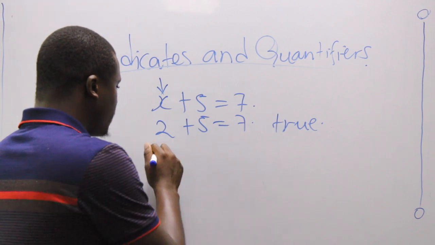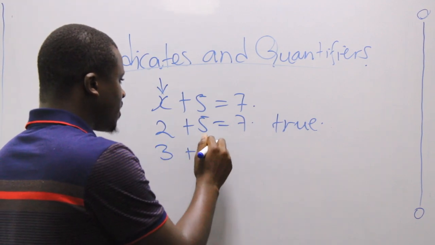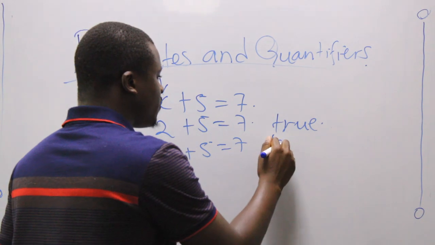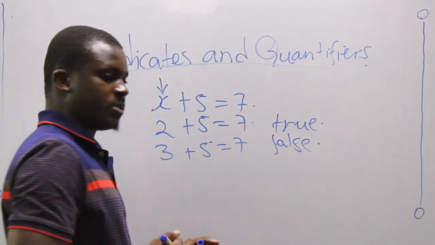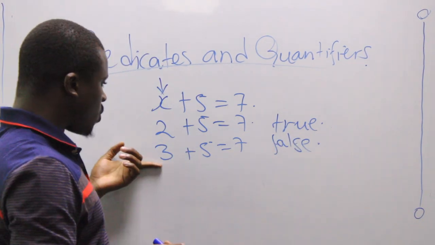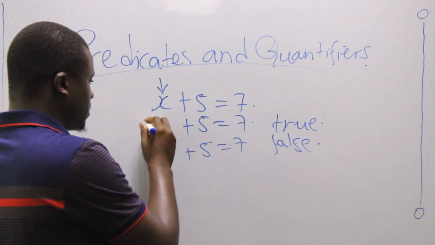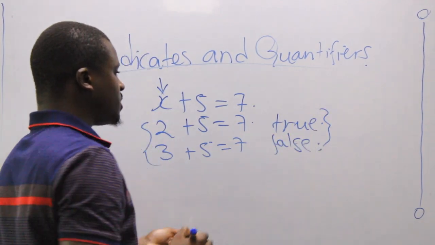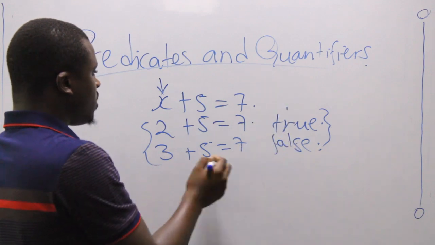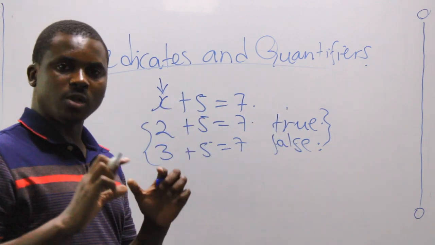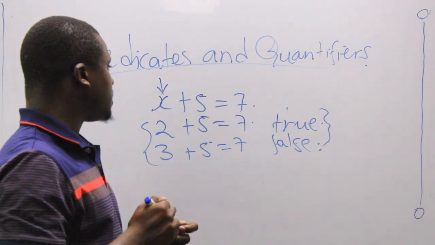We can also have a 3 here and say 3 plus 5 is equal to 7, and it will have a truth value of false, as you see here. So these ones are now statements because they've got the truth value. But a predicate is just only a sentence, as you see here.